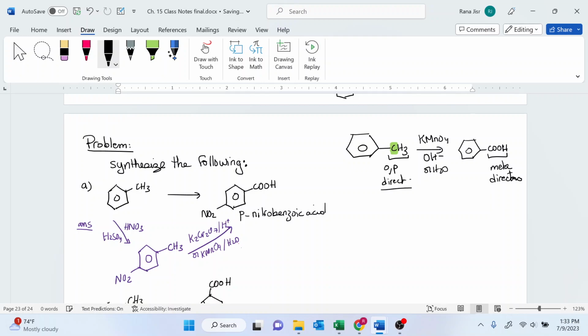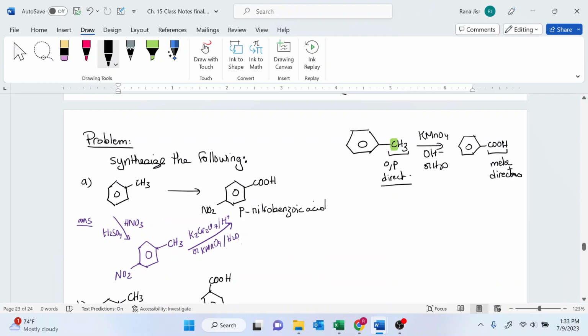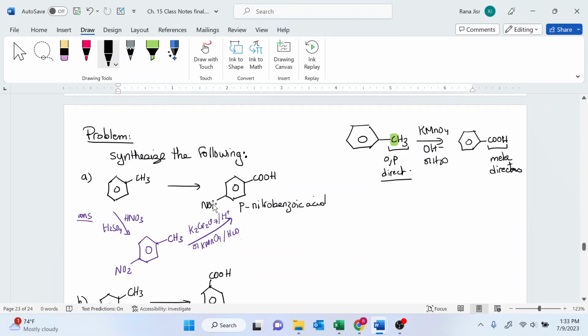So you've got to pay attention over here when you look at your product and see that the substituents in your product are ortho-para to each other. This means that I cannot oxidize the CH3 before adding the NO2 first. Okay, so it makes sense over here that I'm starting with a CH3.